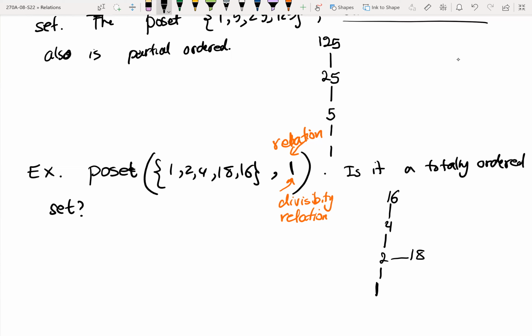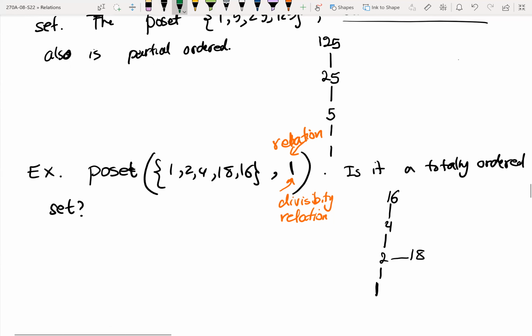For every single element you choose, for every pair that you choose, they must be comparable. What do you think? Does this satisfy that relation? So let's say you choose the pair 4 and 18.